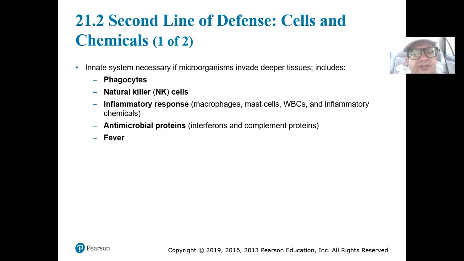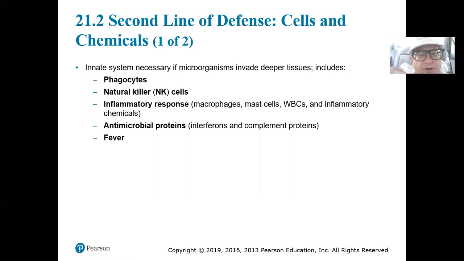And the innate system has phagocytes, it's right in the name, big, giant eater. It has natural killer cells. We talked about that before, how they can tell another cell to kill itself. So natural killer cells, we're going to talk about them.